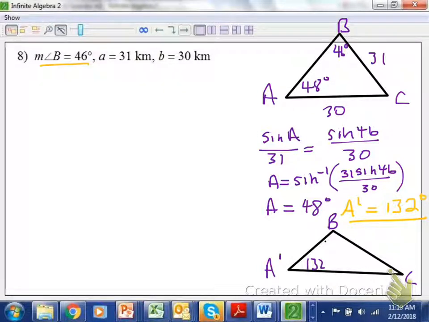132, and I know that looks nothing like a 132 degree angle, but the given information, 46, 31, and 30, remains the same. So there's my second triangle. Okay?